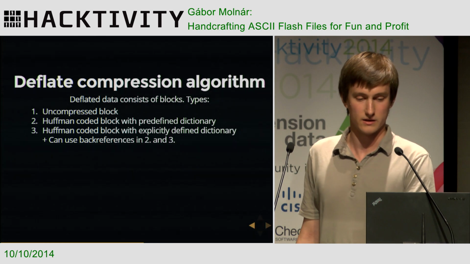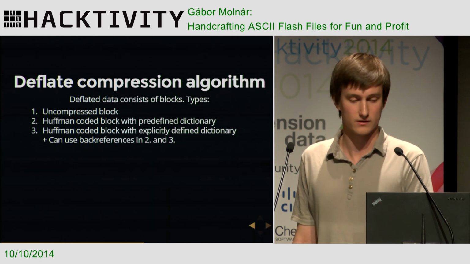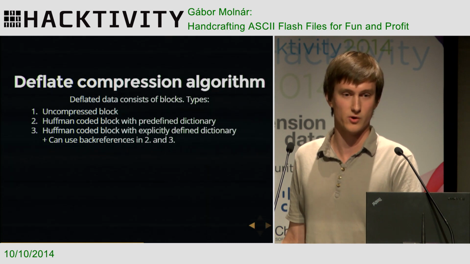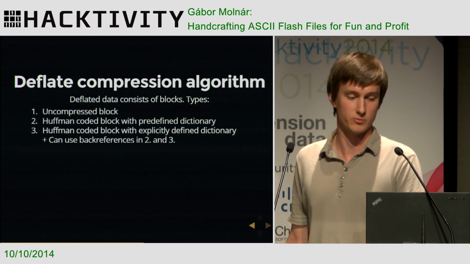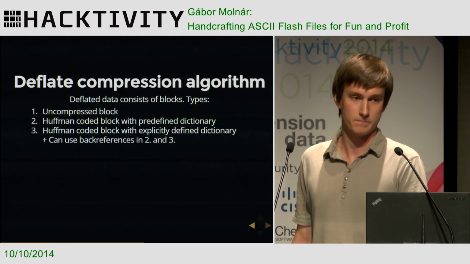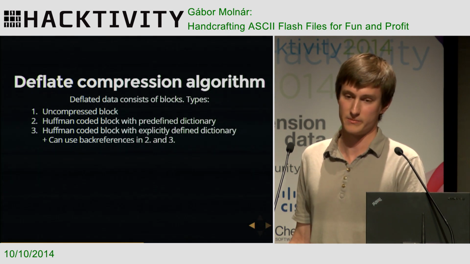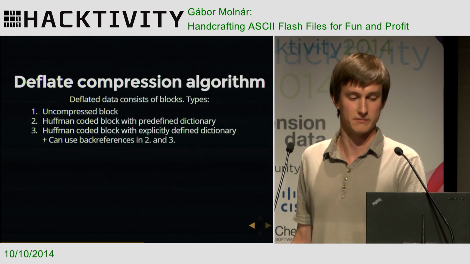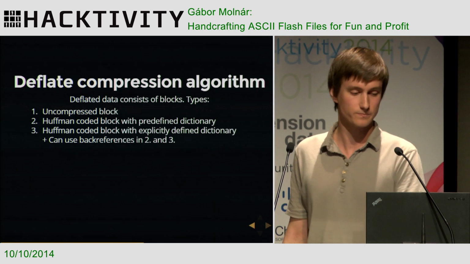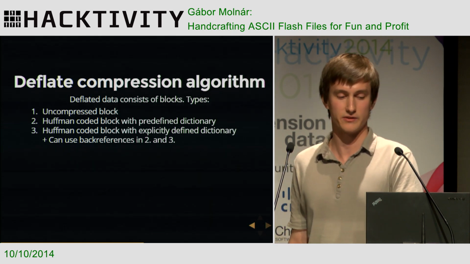So I checked the standard, and it turned out that there are 3 types of possible blocks. All Deflate streams contain blocks. One is an uncompressed block with the data unencrypted. If you have encrypted data, you don't want to compress it again. This is the reason for number 1.